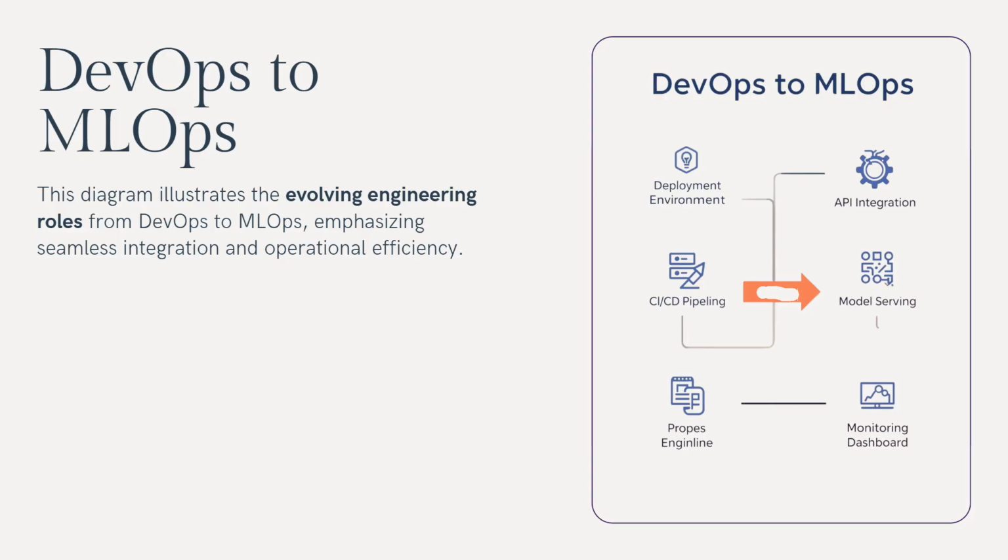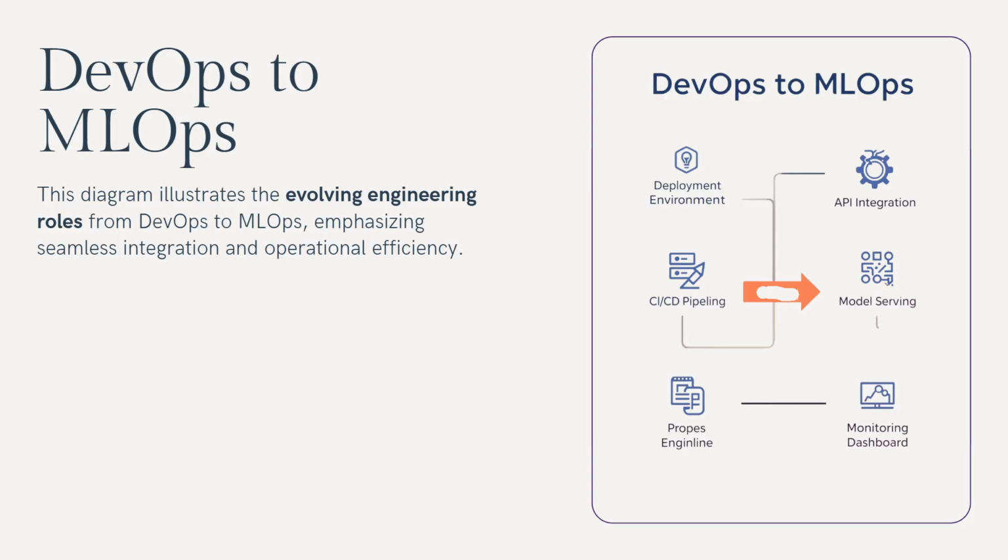They also handle CI CD pipelines, automating model deployment and versioning so updates roll out smoothly. And once the model is live, they monitor performance, manage infrastructure, and handle retraining, ensuring the model doesn't decay over time.